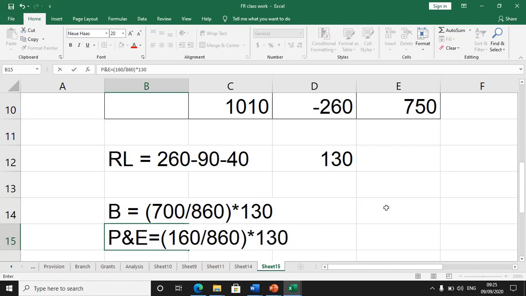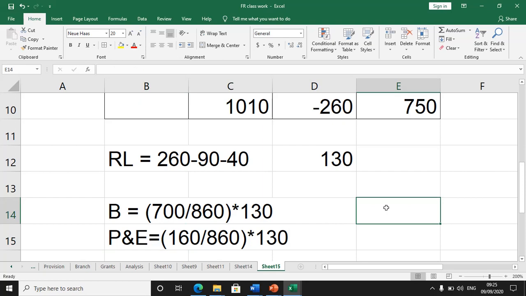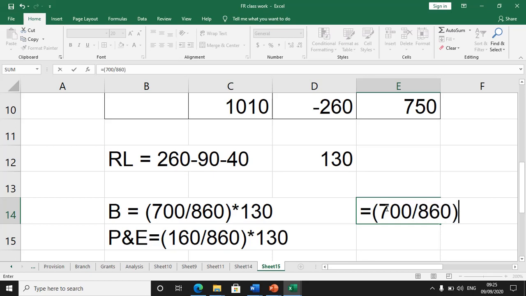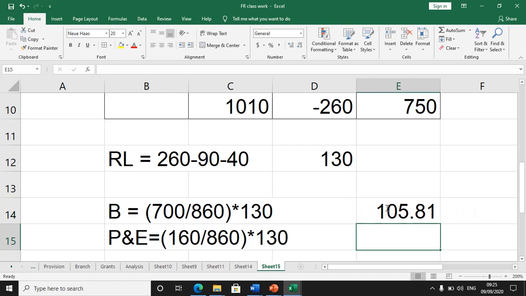Again, use the power of Excel and of course check if your total comes to 130. So equal sign, I've got my figures, 700 divided by 860, then I multiply that by 130. I've got that figure there, and then I do the same for the other one.